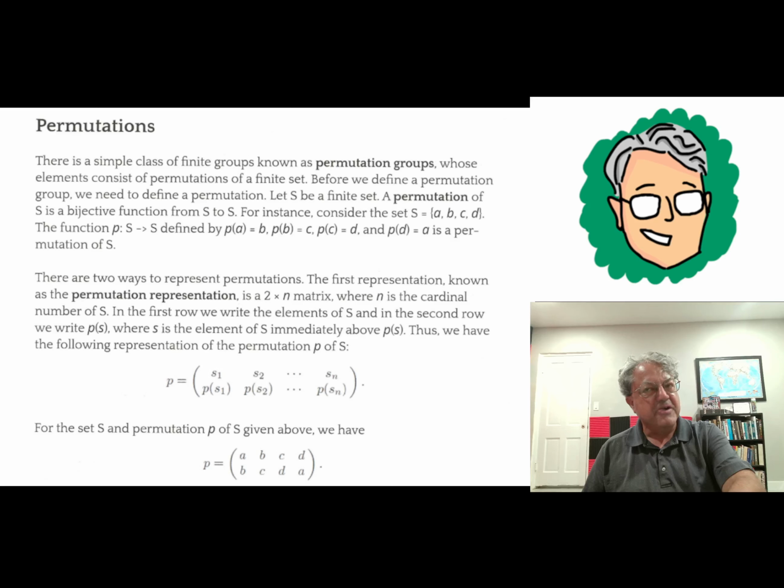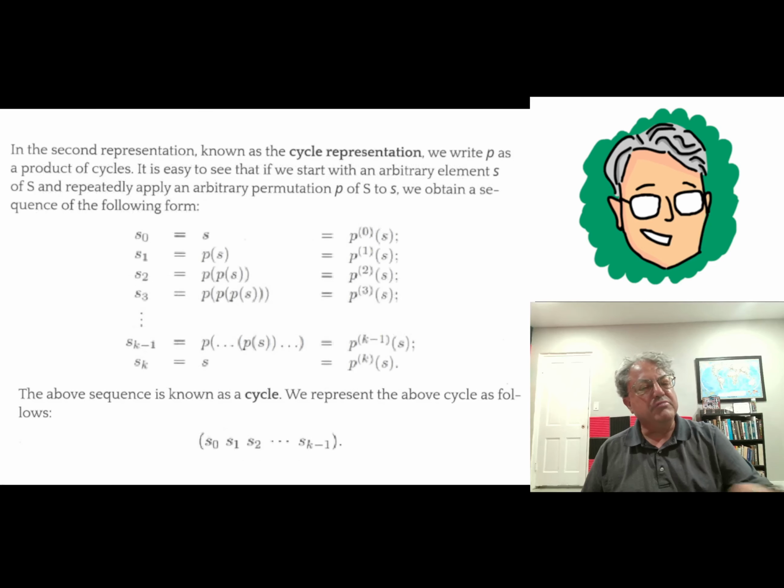We would write it as all the elements in a single row with parentheses around it, (A B C D). That's how we would represent this cycle. But a permutation doesn't have to involve one cycle. As a matter of fact, it only involves one cycle, I think, if it's a cyclic permutation. But not all permutations are cyclic. And in general, you're going to get a product of cycles.